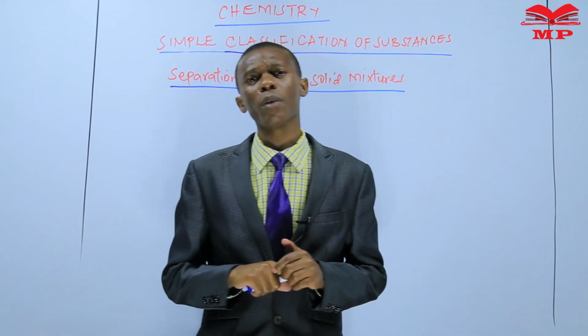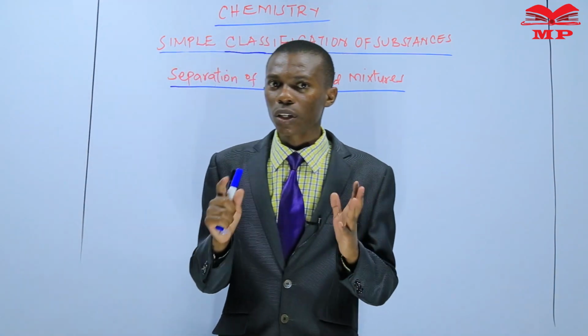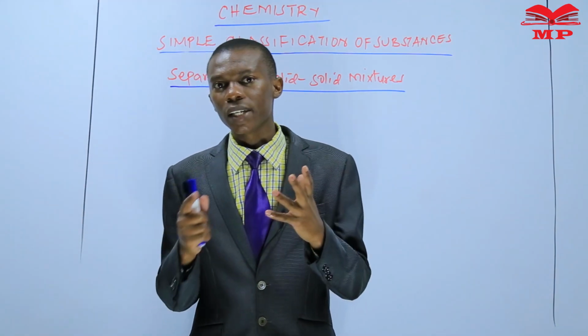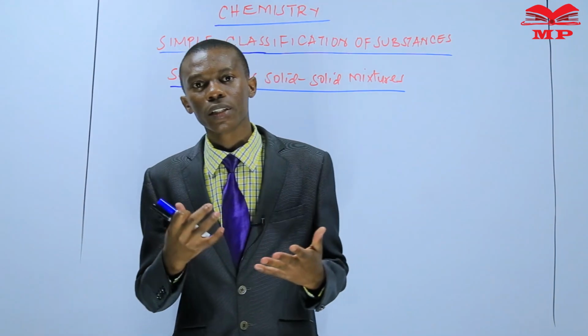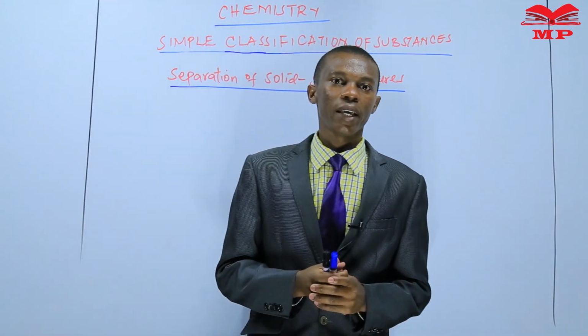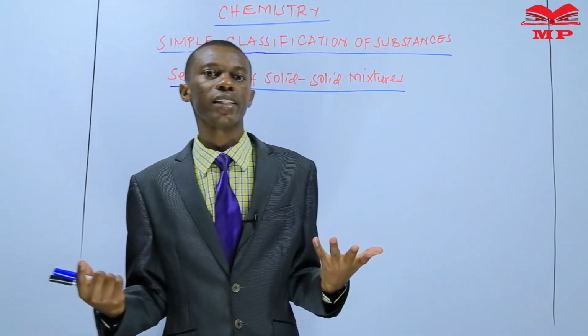I know in primary science we learned about types of mixtures and separation. An example is maize and beans, and other things like iron filings and sand.